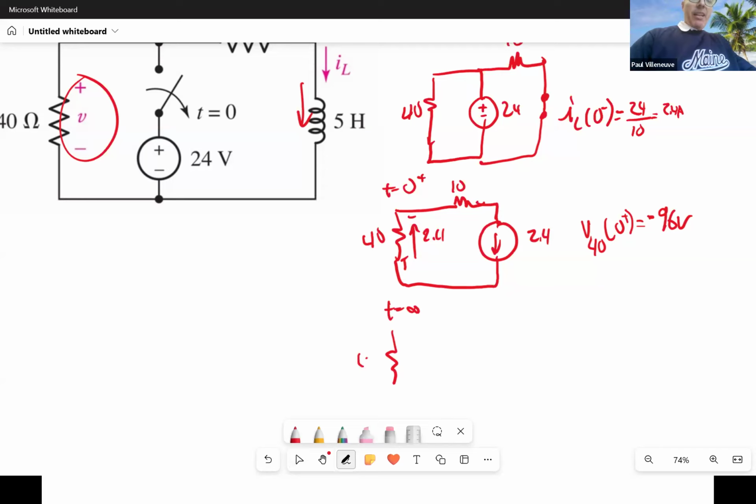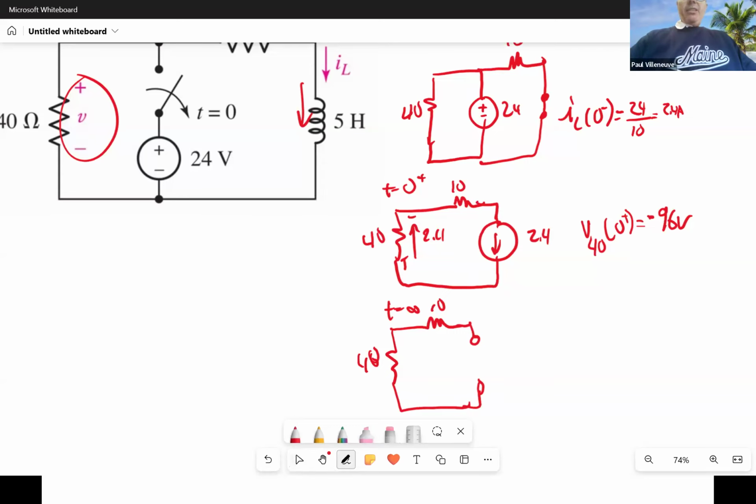What happens to my inductor at infinity? It's completely discharged, right? Current is zero. How would you show current zero? Do I put an open or a short circuit there? Open circuit, right?